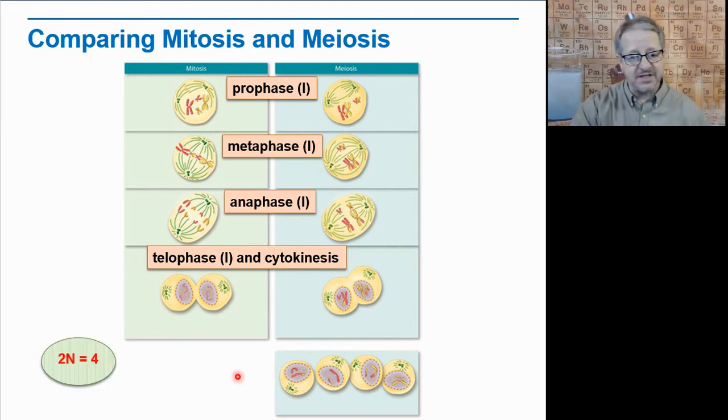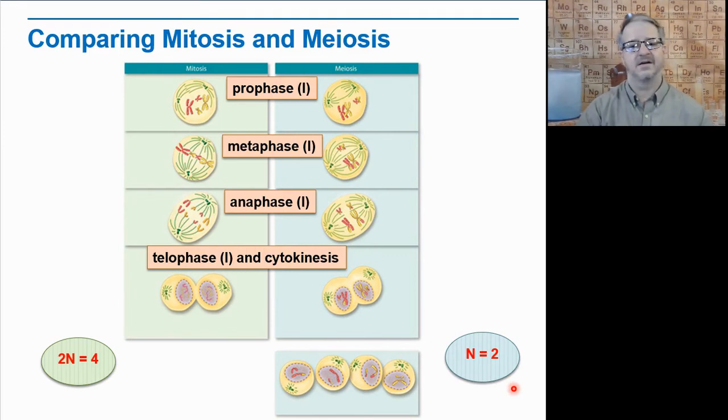So in mitosis, the number of chromosomes contained in each cell is the 2n number, which in this case is 4. Whereas in meiosis, it is just 2 chromosomes. That is the chromosome number in this particular, I think we're still looking at the fruit fly, okay, in the fruit fly cells.